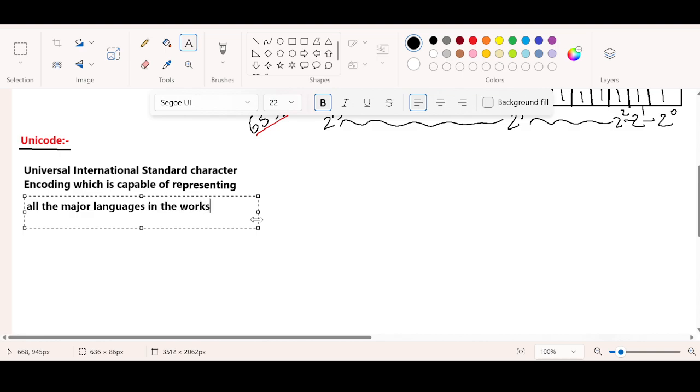So Tamil is one among them, Telugu is one among them, Malayalam. There are many languages.